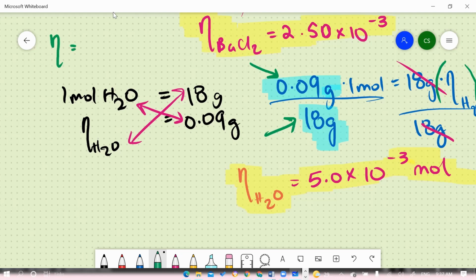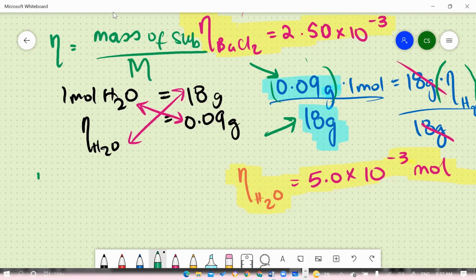So the number of moles is equal to the mass of the substance that we got, 0.09, over the molar mass. So basically, number of moles is equal to small m over big M. It's a molar mass, right? So that's going to be gram per mole.